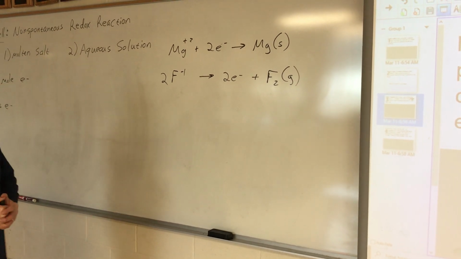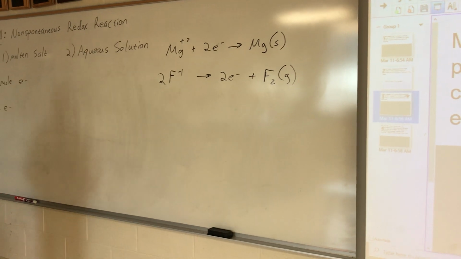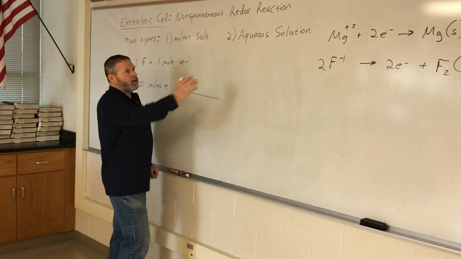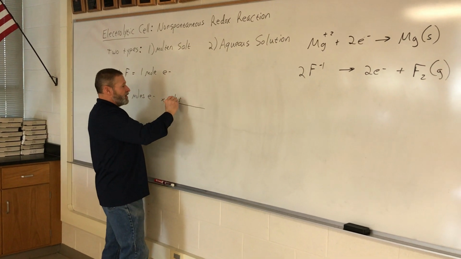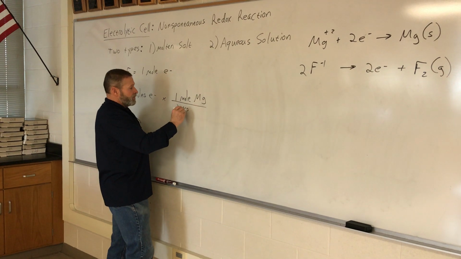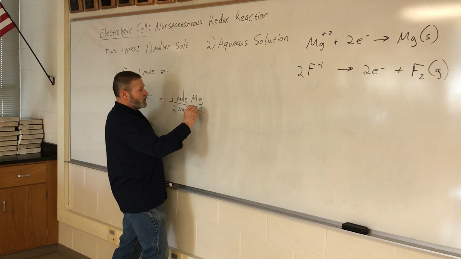Okay? So now, home stretch, I think, Mr. Moore, right? Yep. If I know 50 moles of electrons have passed, if I want to know the magnesium, I can say for every 1 mole of magnesium, there's 2 moles of electrons.